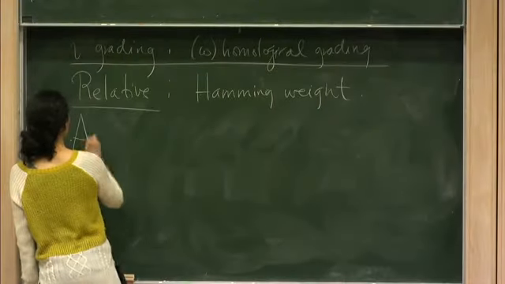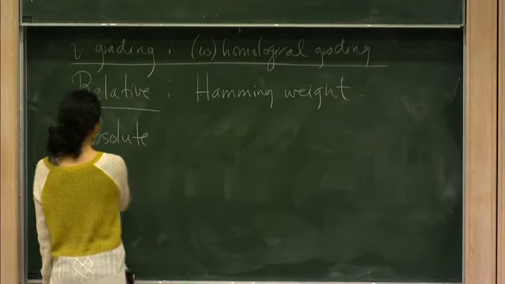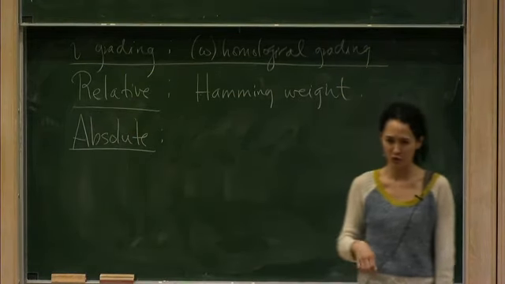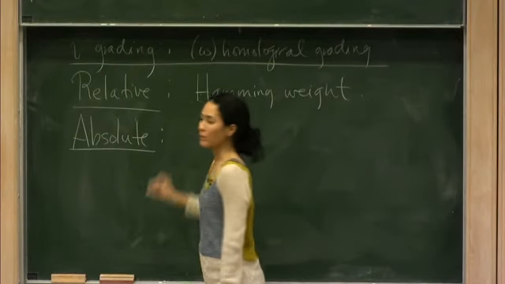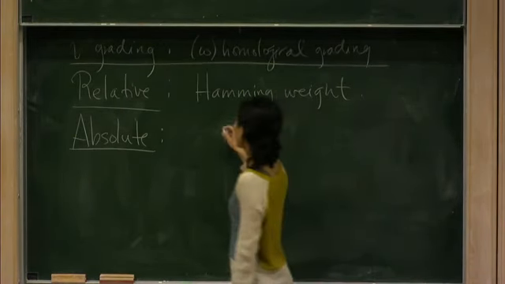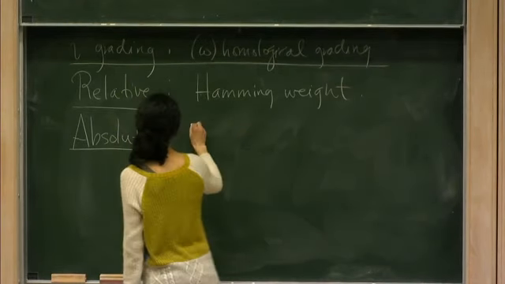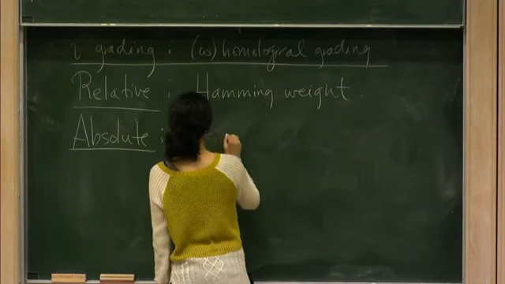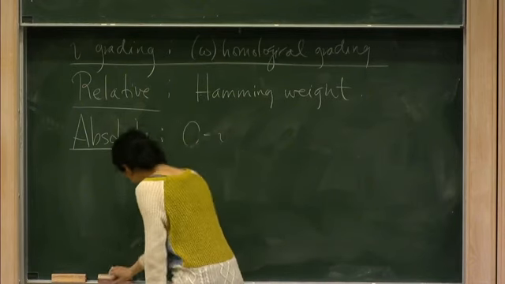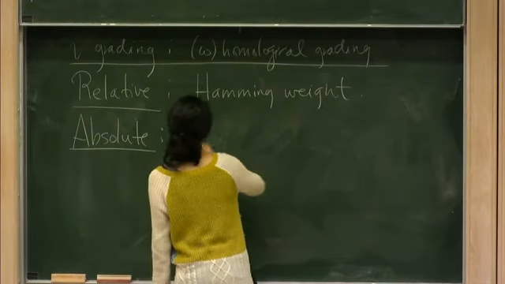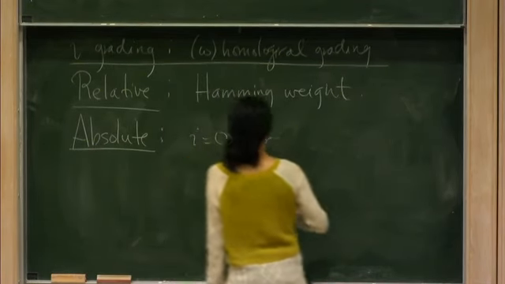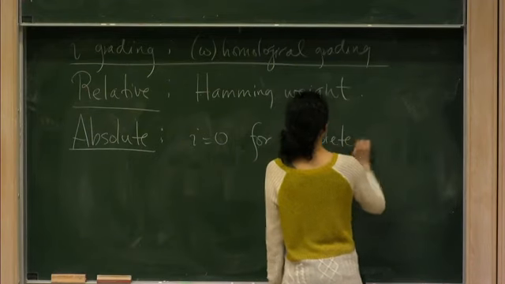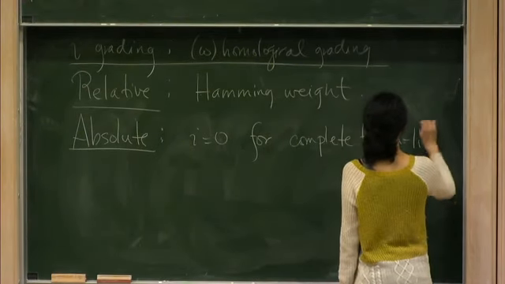But now the absolute grading, and again, I want to emphasize, I'm just telling you everything that you need to know to understand Khovanov homology of braid closures. In the case of braid closures, it's very easy. I'll just go ahead and define the zero. So I equals 0 for the complete braid-like resolution.